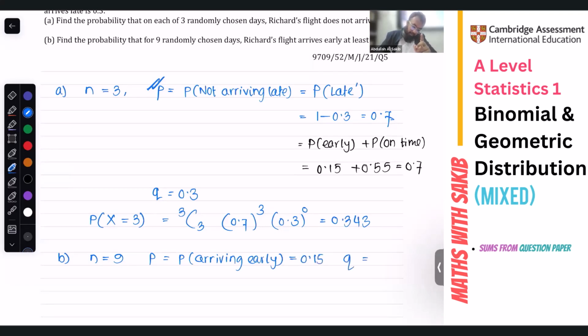The failure will be 0.85. At least 3 times, so x is more than or equal to 3. What we can do is 1 minus the probability of x is 0, 1, or 2.